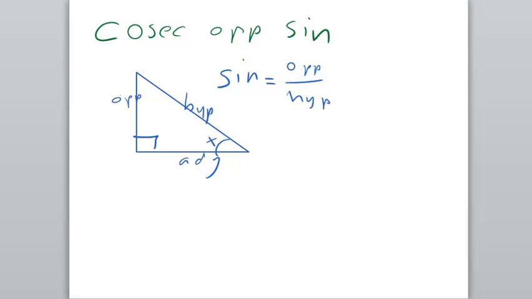So if cosec is opposite sine, what will it be? Cosec would be hypotenuse over opposite. You get it? We just flip this around because cosec is opposite.